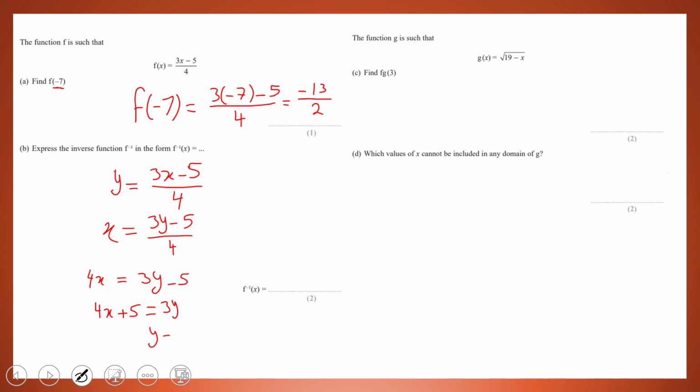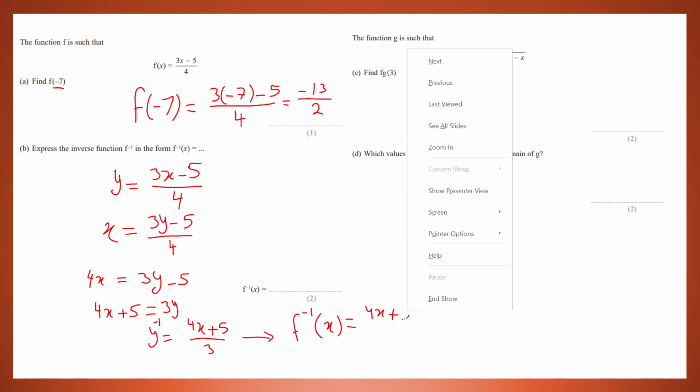So y will be (4x plus 5) all over 3, but this is y inverse because it's the inverse function. So this leads you to have the inverse function, which is f inverse of x equals (4x plus 5) all over 3.